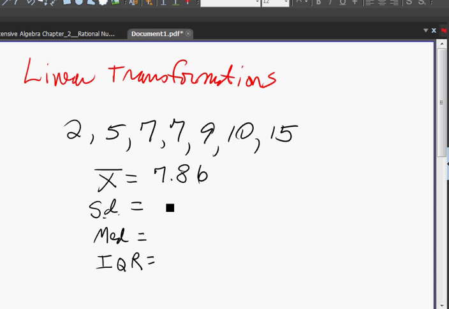Standard deviation is 4.09. Median is 7. IQR is 5, Q3 minus Q1.